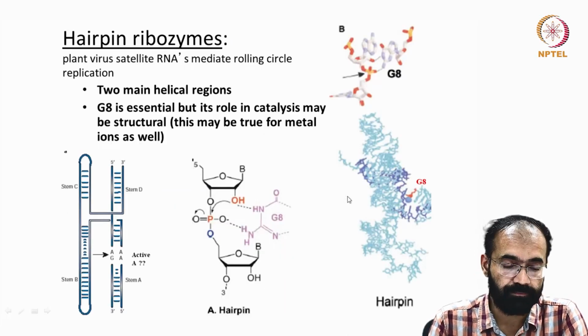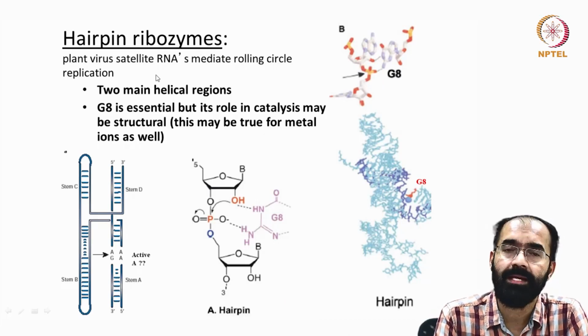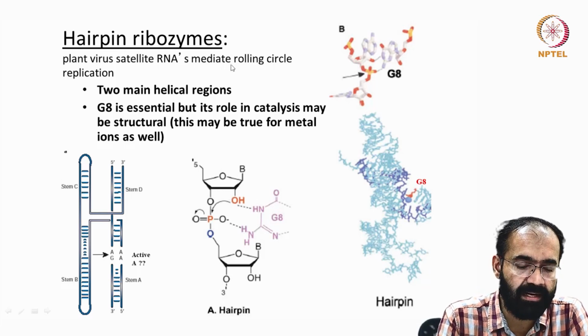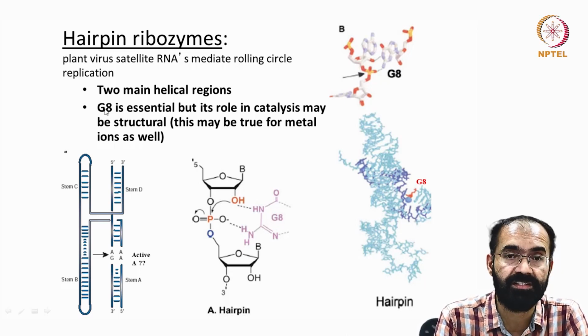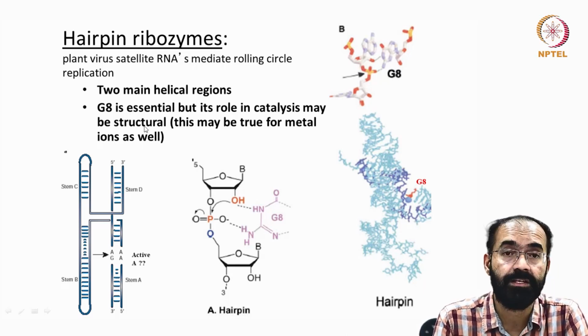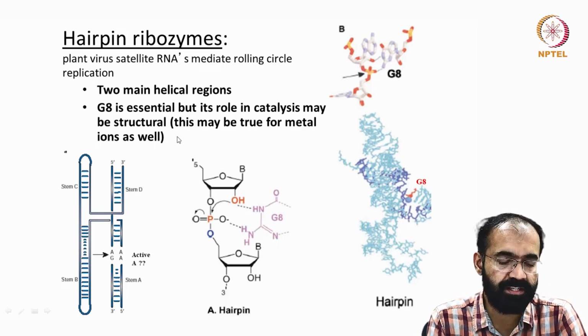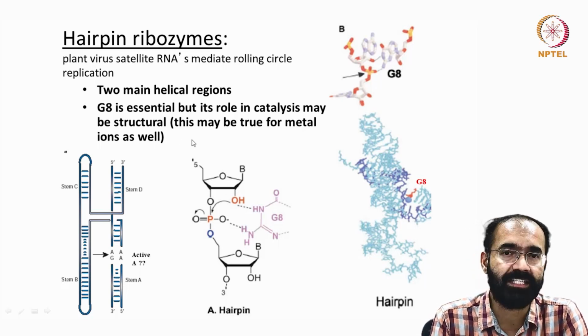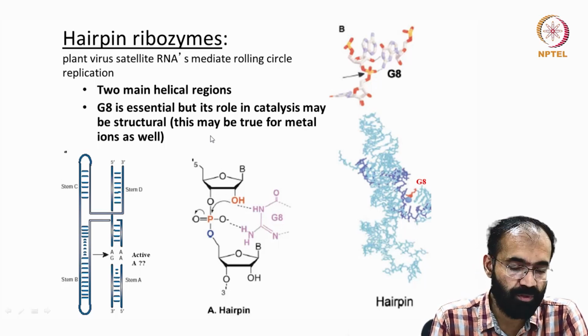If you look further into the hairpin ribozyme, many plant viruses and satellite RNAs mediate rolling circle replication. It has two main helical regions, and one of them is called G8. G8, guanosine 8, is essential, but its role in catalysis may be purely structural. This may be similar to various metal ions we discussed, like magnesium and manganese, divalent cations that stabilize the ribozyme structure.